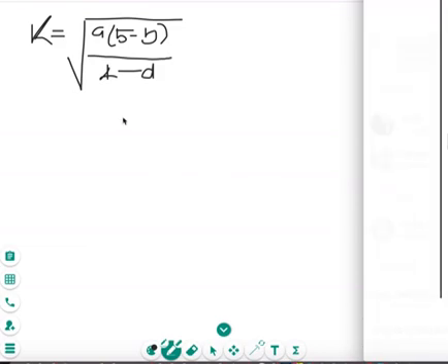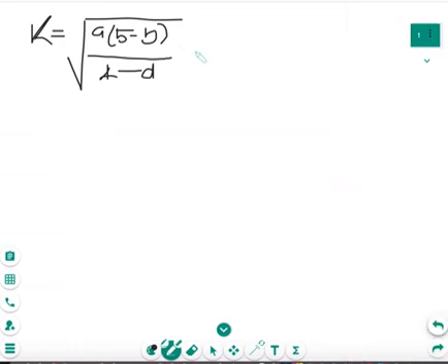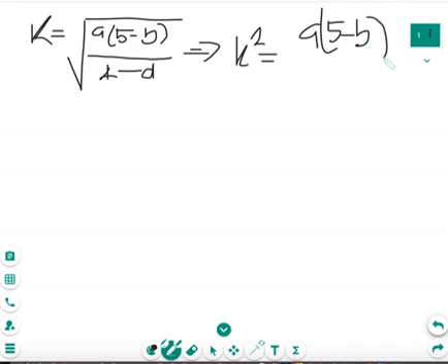Yeah, you square both sides, so this implies k squared is equal to a(5 minus b) over 4 minus d, right? Yes.